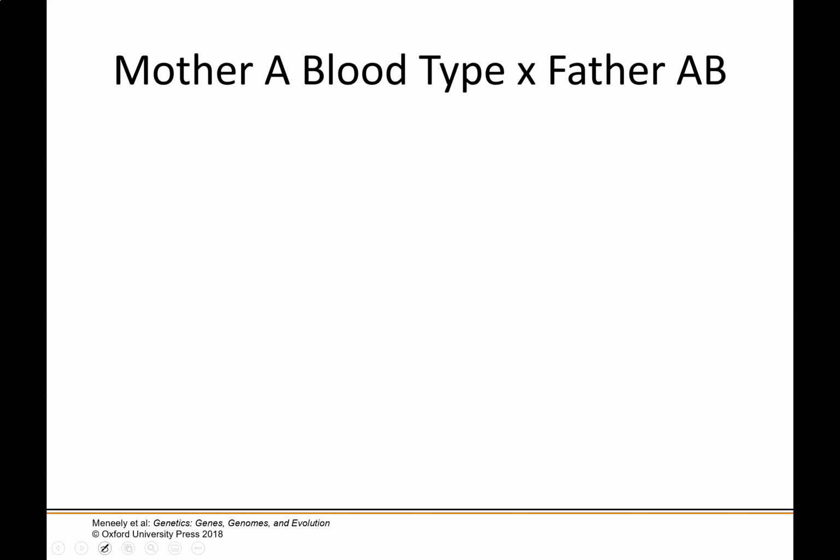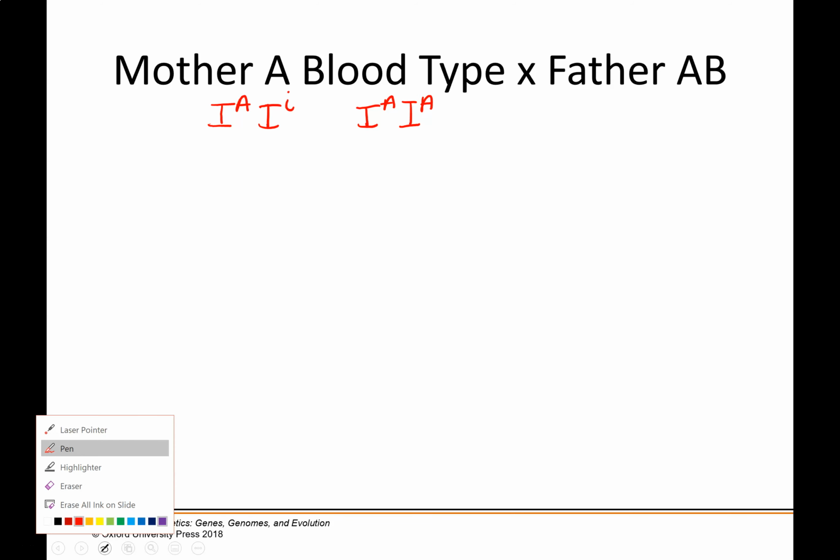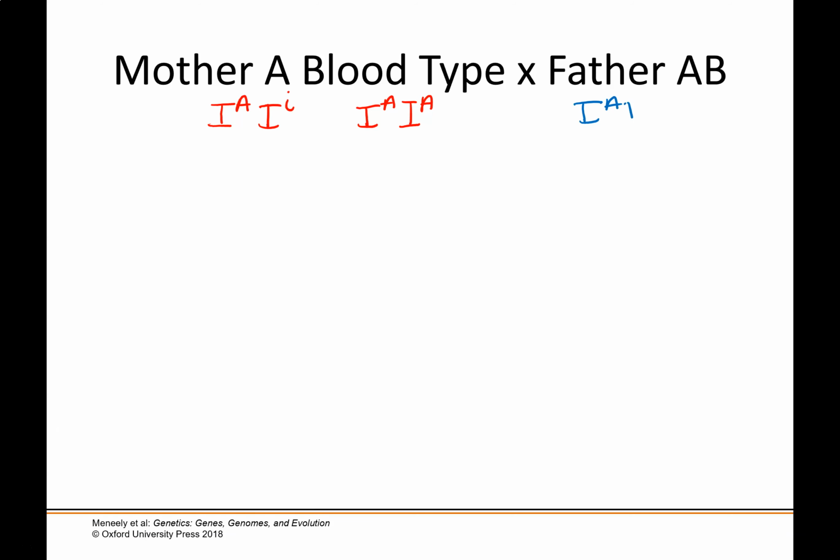So let's say that the mother can be either heterozygous for blood type A or homozygous for blood type A. So she has those two options. Now let's say that dad is AB, so he is going to be codominant heterozygous for blood type AB. So there are two different potential crosses here.